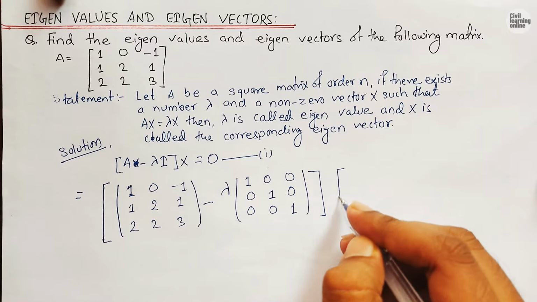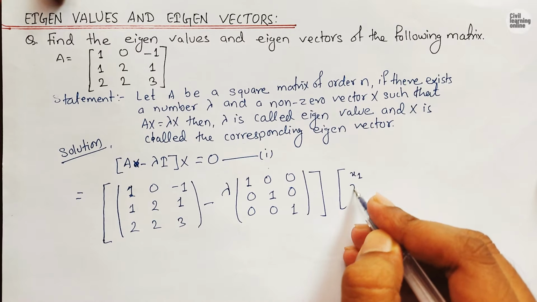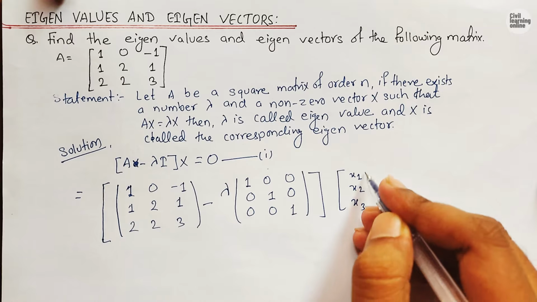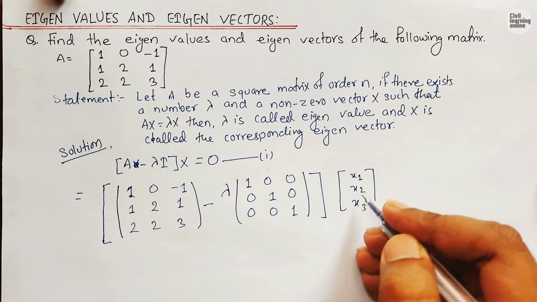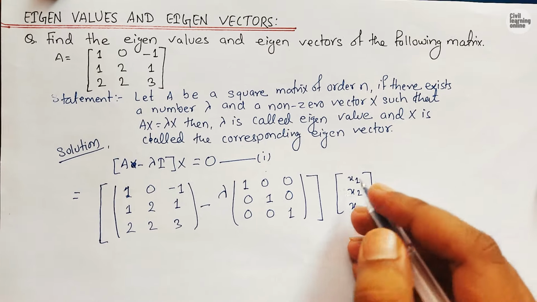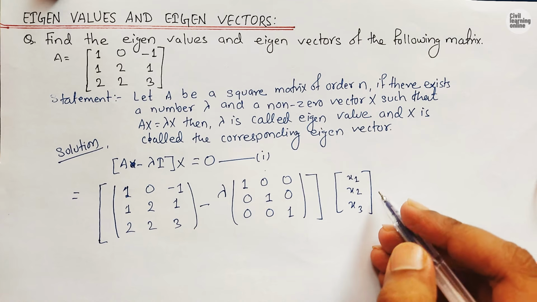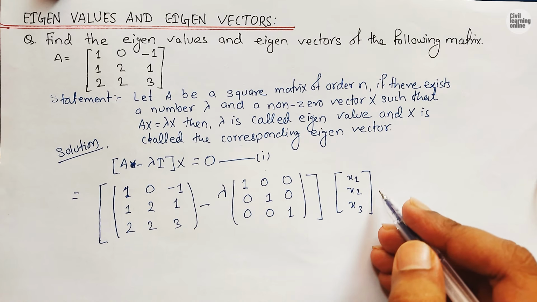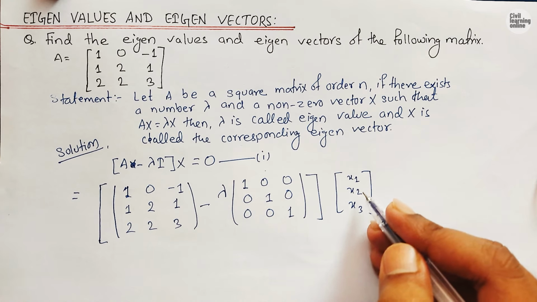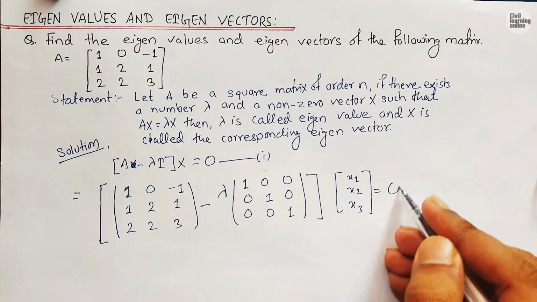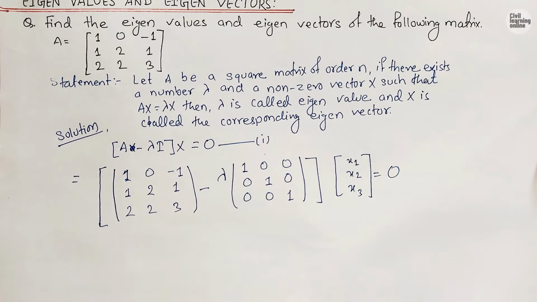Let us represent x as x1, x2, x3, because these will be our eigenvector at the end of the video when we substitute the value of the eigenvalue to calculate x using Cramer's rule. So this is what we have done up to now.